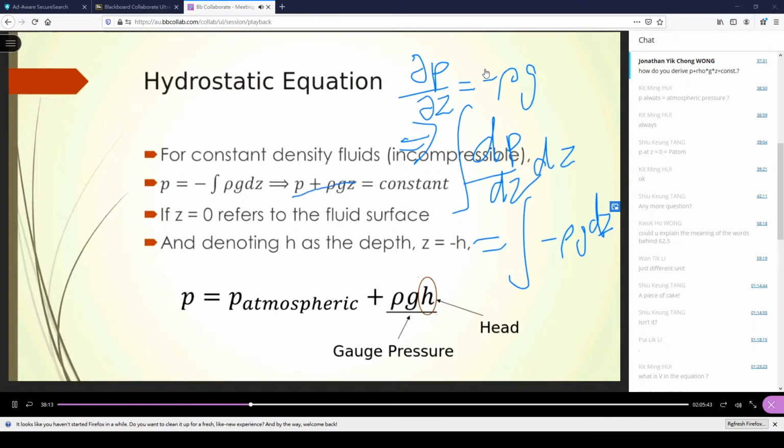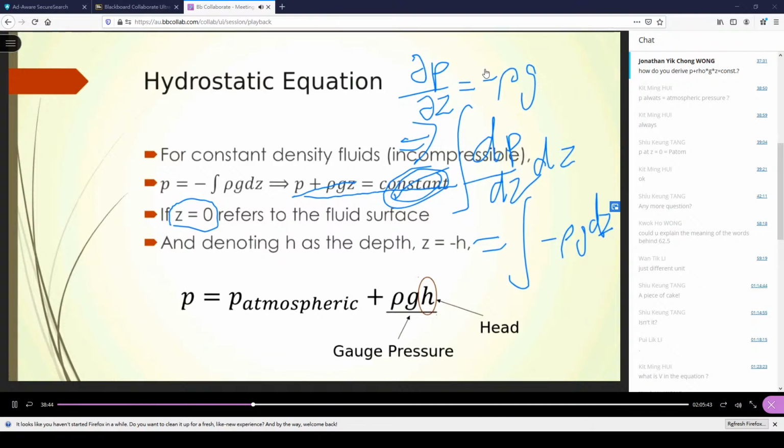But because this is an indefinite integral, you have a constant here to be determined. And we usually set Z equal to H at the liquid and air interface. At that location, the pressure is atmospheric pressure. So the constant is atmospheric pressure.